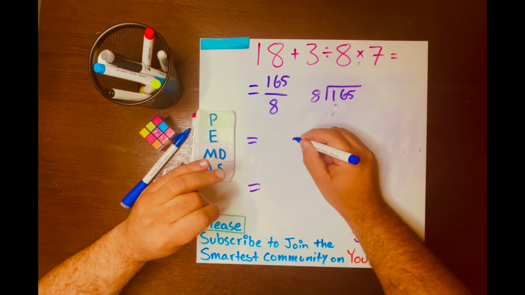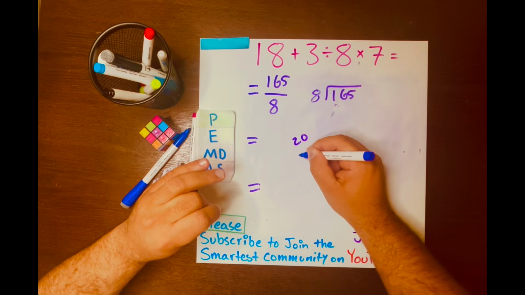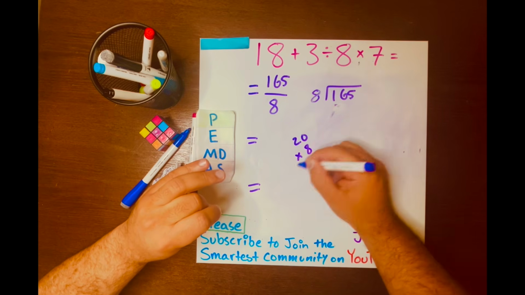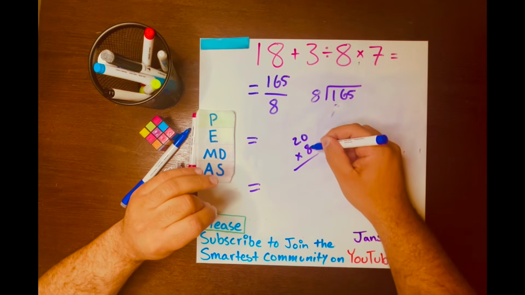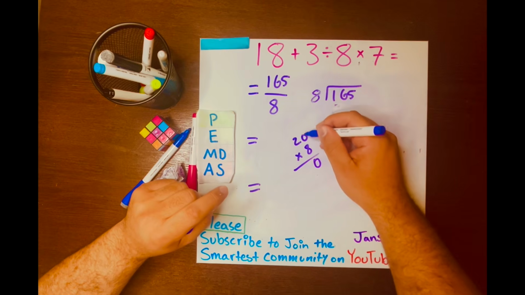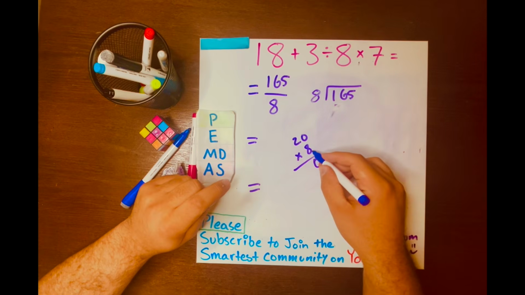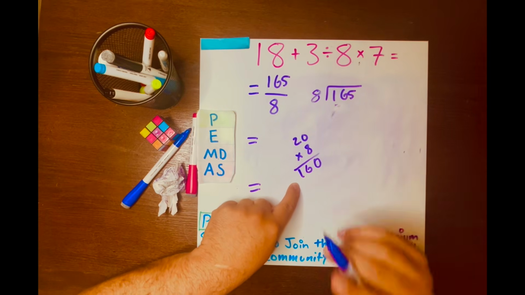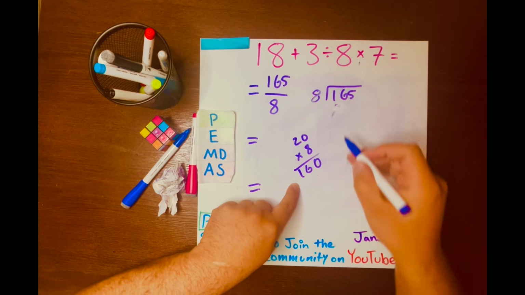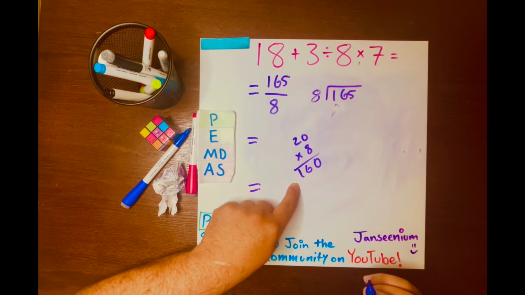So let's do 20 times 8, right? Because I just said 8 times 2 is 16. So 8 times 0 is 0. 8 times 0 is 0. 8 times 2 is 16. And look at that. Look how close we got to 165. 160 is the closest we'll get to 165.